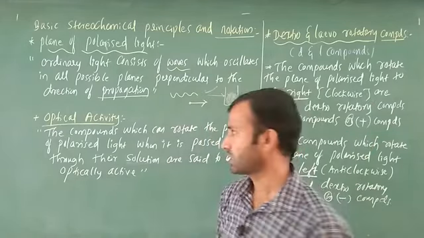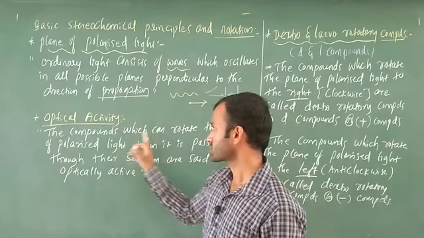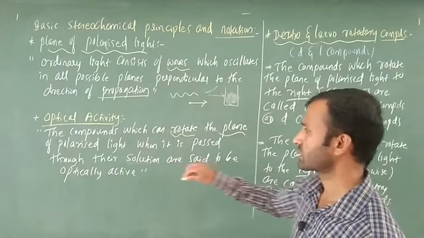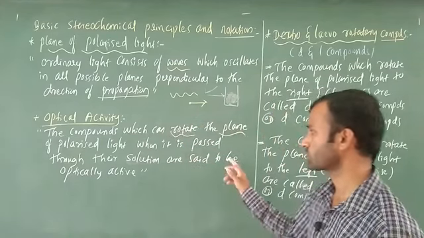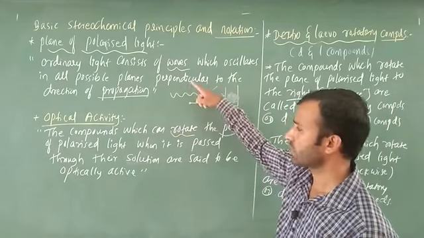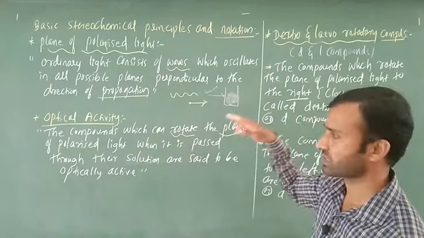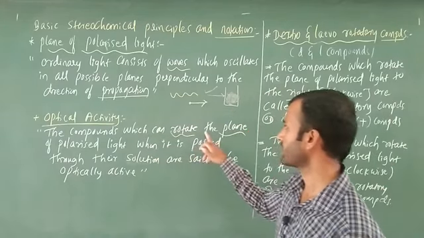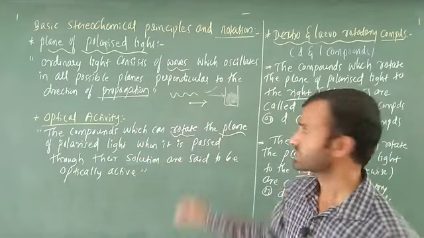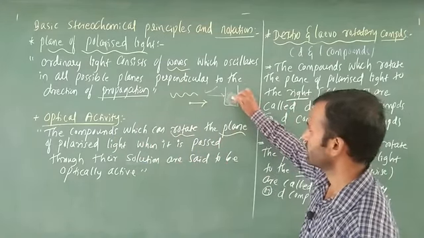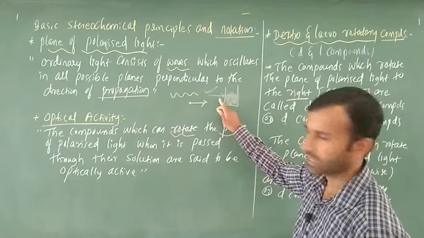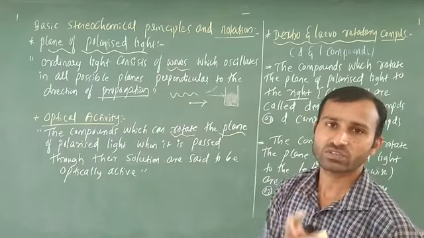Optical activity means compounds which can rotate plane polarized light when it is passed through their solutions are said to be optically active. When we pass plane polarized light through the solution, a direction of rotation is possible.